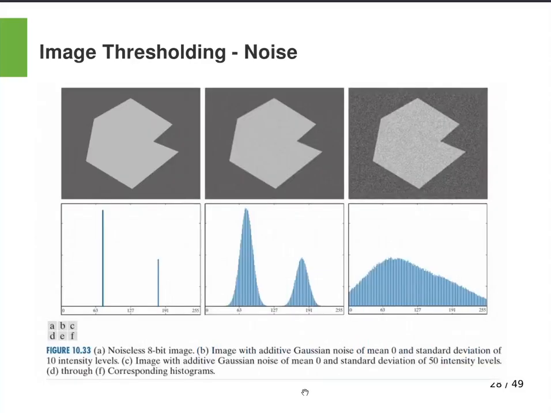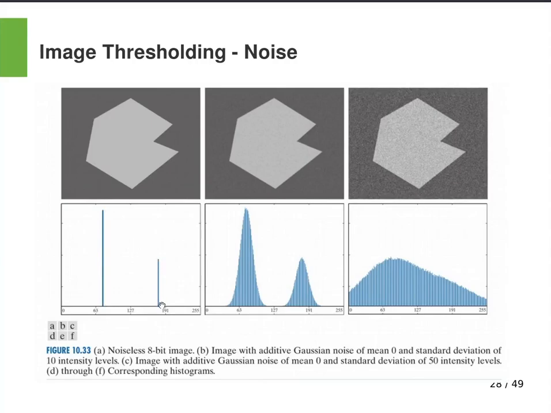So what happens if you have a noisy image? So let's just see what happens there. So here on top left we have a noiseless 8-bit image, and as you can see we have this region at the center with a constant intensity, and then we have some background also with a constant intensity. So if we draw the histogram of this image, we have two peaks in the histogram.